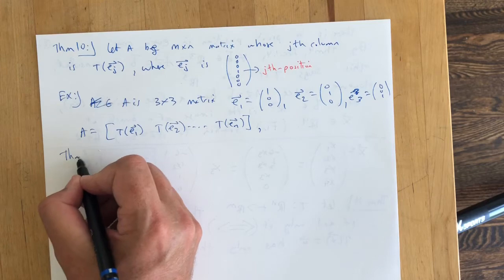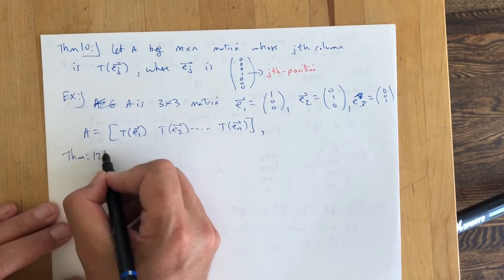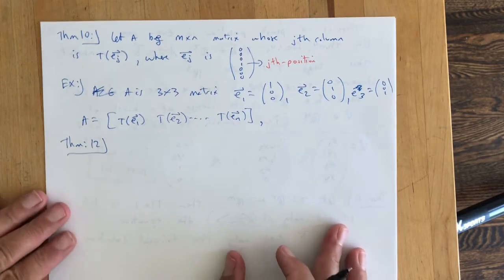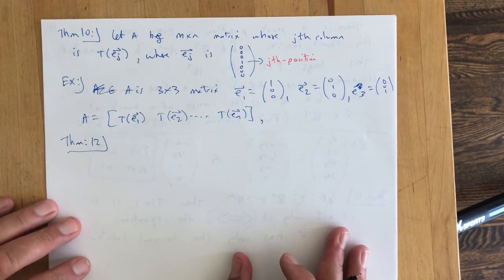And now we can talk about what your book labels as theorem 12, which sort of summarizes what we've done in this section, all right?